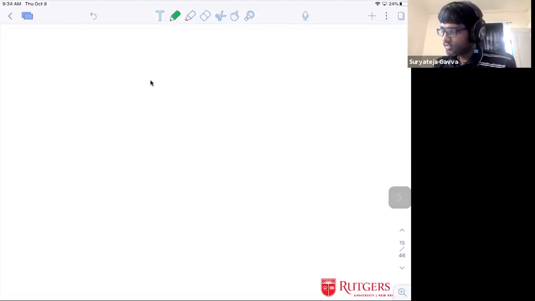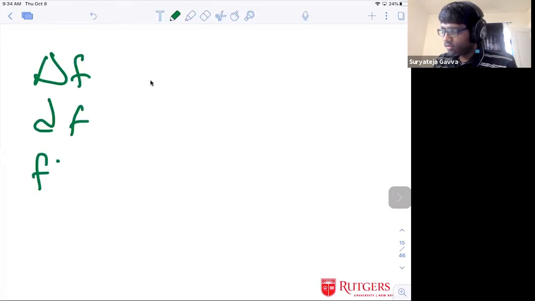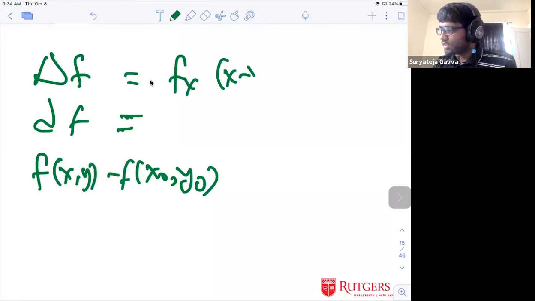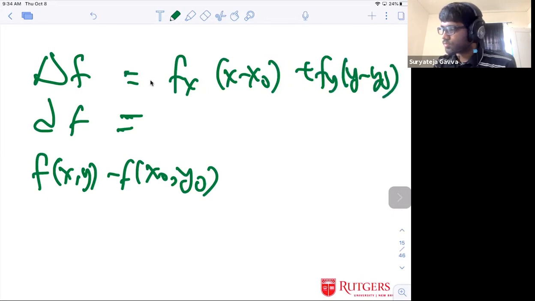So delta f or df or f of xy minus f of x0, all of these quantities are the same, right? And this is nothing but fx times x minus x0, plus fy times y minus y0.